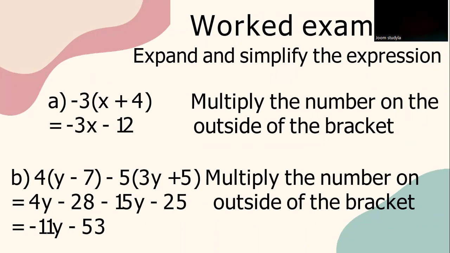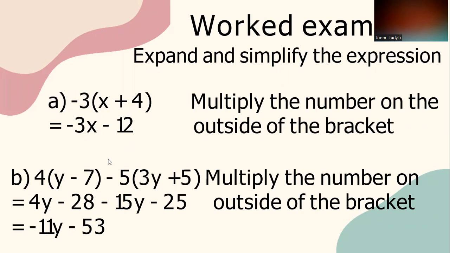For example, you have -3(x + 4). So, you have to multiply the number on the outside of the brackets. -3 multiplied by x becomes -3x, plus -3 multiplied by 4 becomes -12.